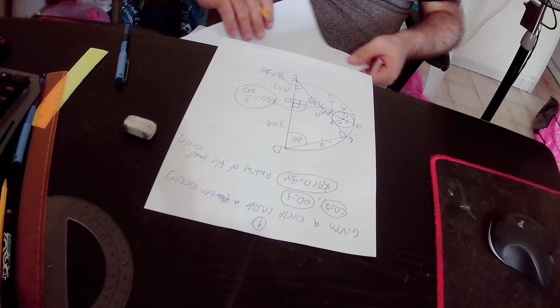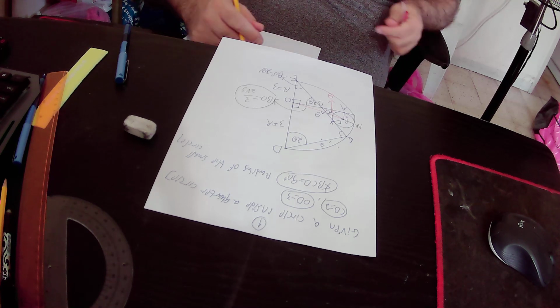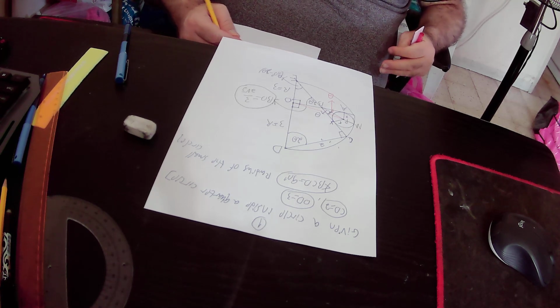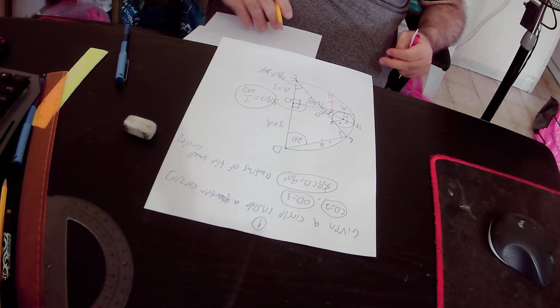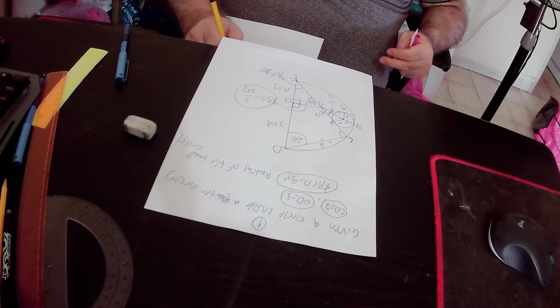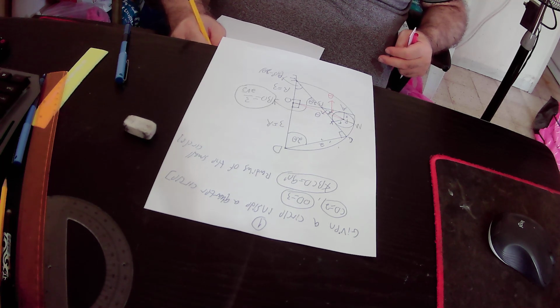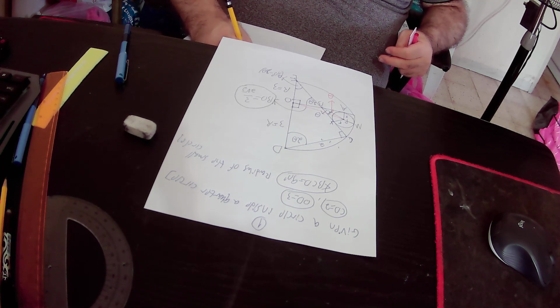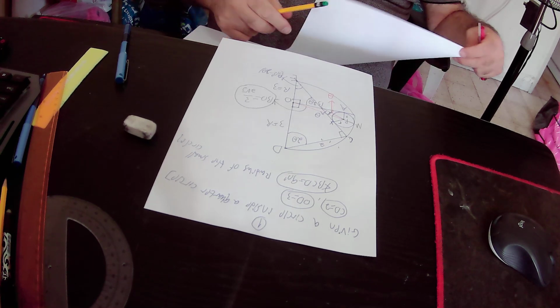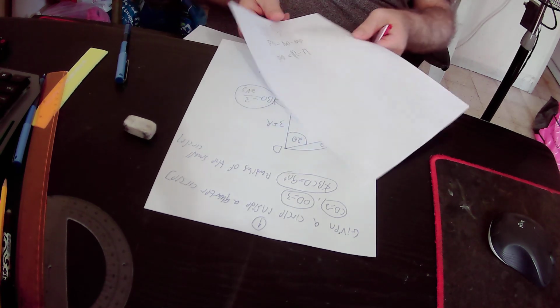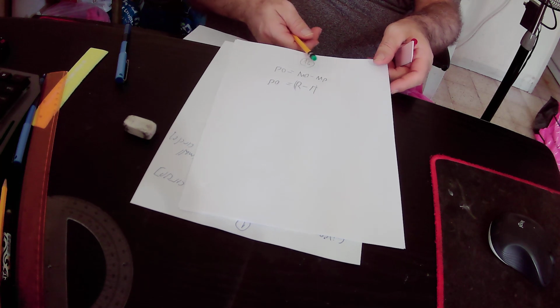But we know that MO is the radius of the semicircle, so it equals capital R. And MP is the radius of the small circle, it equals small r. So in total we found out that PO equals capital R minus small r.